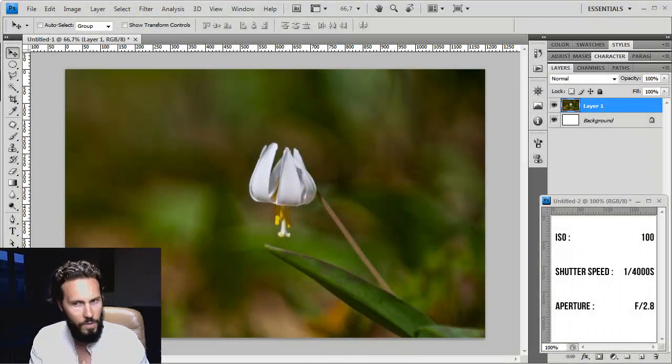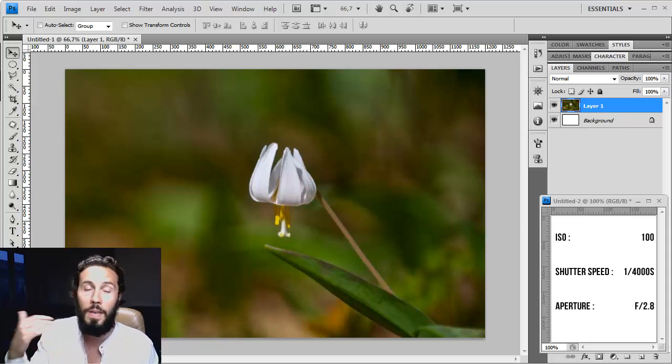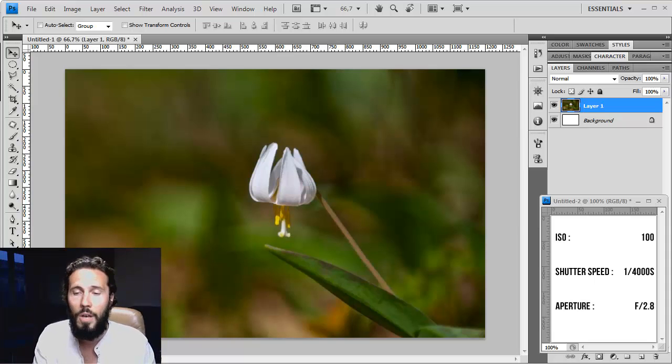Your settings. ISO 100, great choice. Lowest noise possible. For those of you who do not know, the higher your ISO number is, if you go into 3200 or 1600 ISO, the more noise you will get in your image. Your shutter speed was at 1/4000th of a second, which is extremely fast for an aperture of f/2.8.